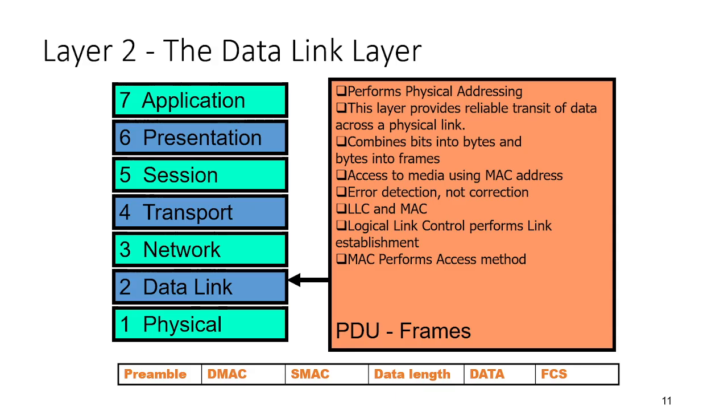This layer provides reliable transit of data, accesses the physical link, and combines bits into bytes and bytes into frames. It accesses media using MAC addresses, with error detection, not correction. LLC, logical link control, performs link establishment, and MAC performs access methods. An example is communication between two computers connected to the same Wi-Fi network.